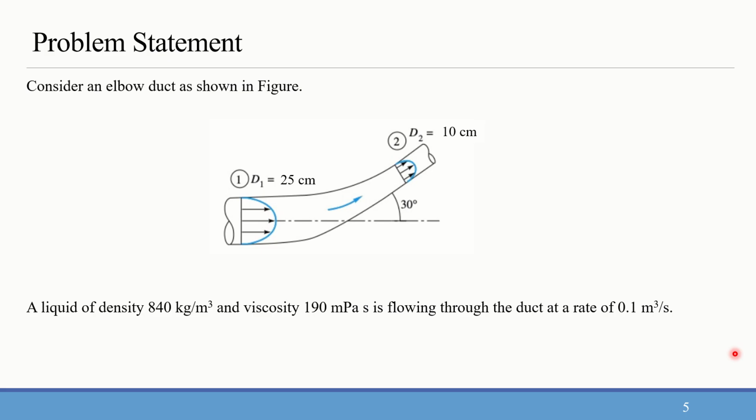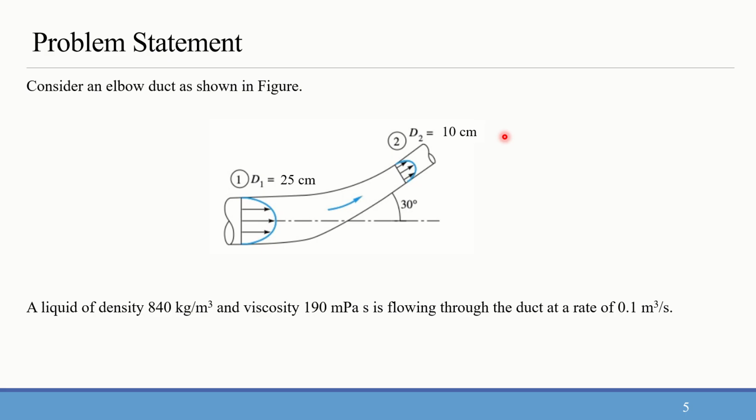And we are given the diameters. From the flow rate, we can get the velocity at the inlet and the outlet. Because we know the diameter of the pipe at the inlet and the outlet, we can get the cross-sectional area of the inlet and the outlet, and by using the cross-sectional area we can get the velocity. That is straightforward.